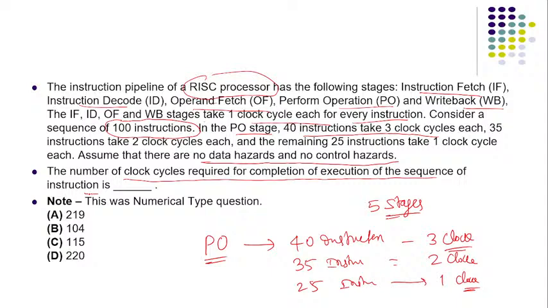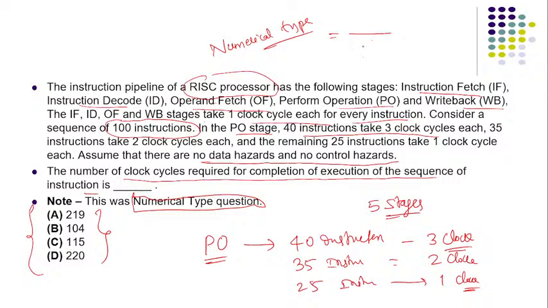So this type of question, in the GATE exam, they won't give the options. In the GATE exam, you will get numerical type questions. Numerical type of question means उसमें क्या करना पड़ेगा?